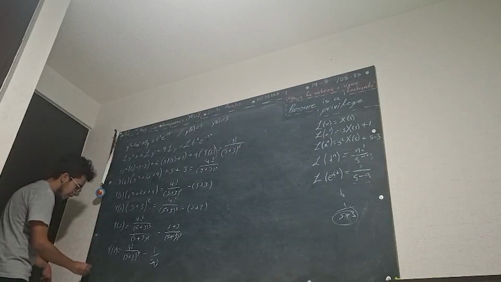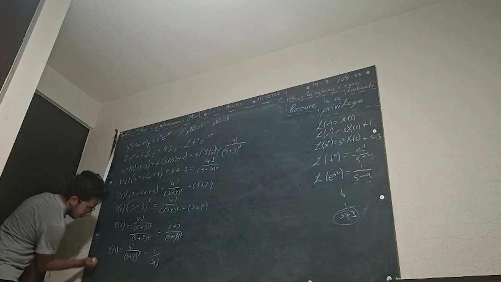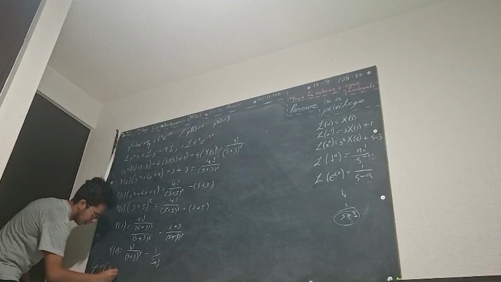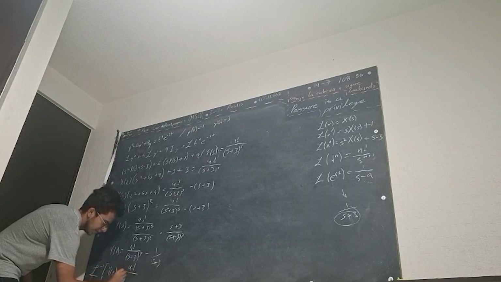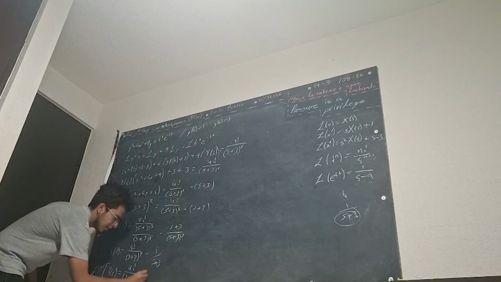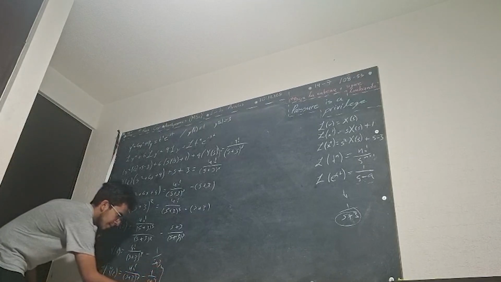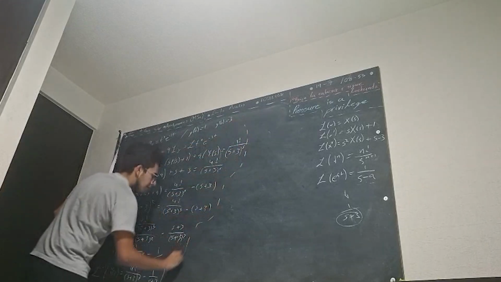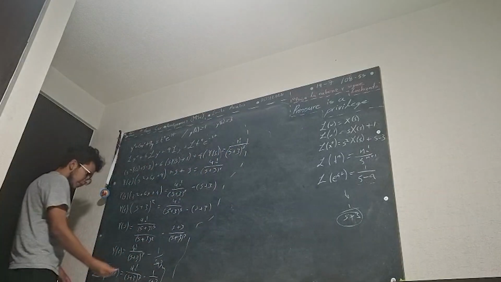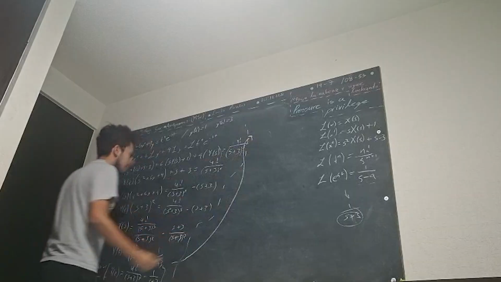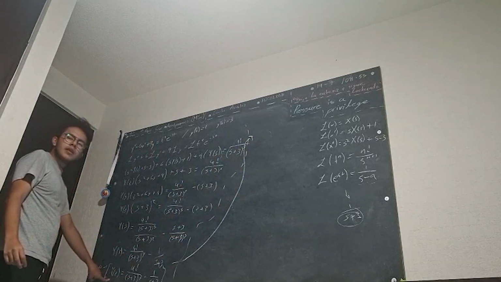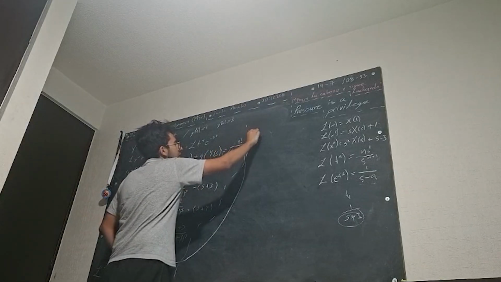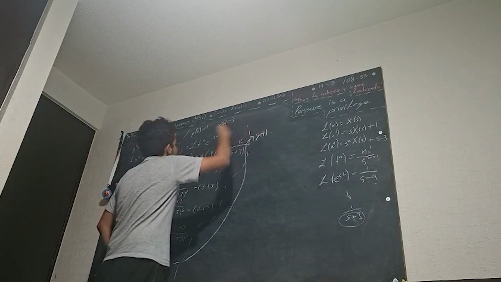Applying the inverse Laplace transform to all of this, we will have Y that depends on s, and we will convert it into y that depends on t, because t is our original variable here.